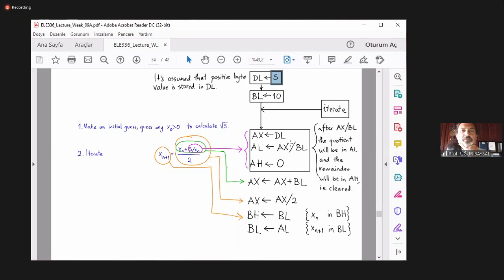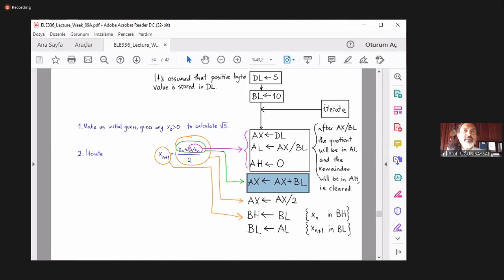So what you do is, first of all, you store the number to AX for division, and you divide with BL, because we have to first calculate this value, S over X0. So this part calculates S over X0, or S over the initial value, whatever. Then it's added with X0, or the iteration estimate.